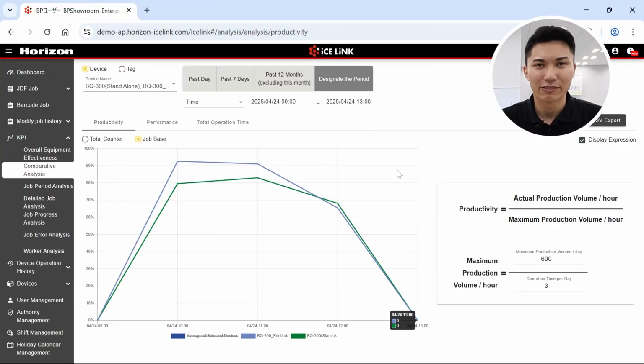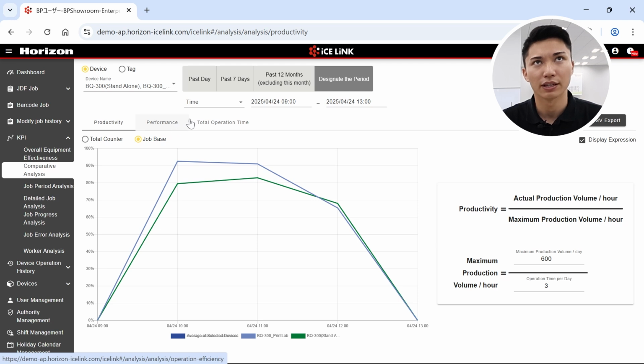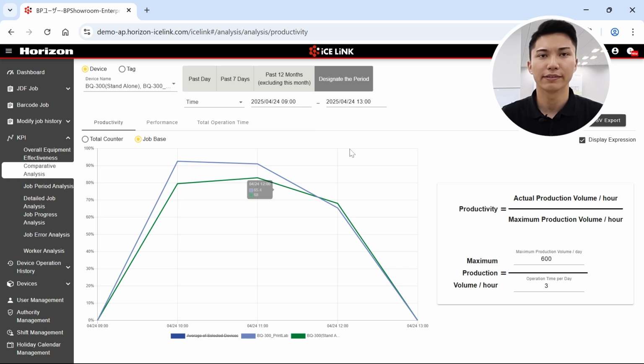In comparative analysis, you can check the trend of 3 factors for specific machines: productivity, performance, and total operation time. Select the machine used by Nori and Natsu and specify the shooting period for Horizon Bindery. Then the graph for each factor will be displayed.